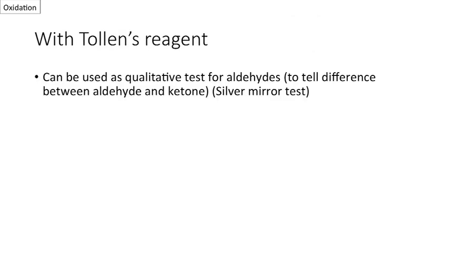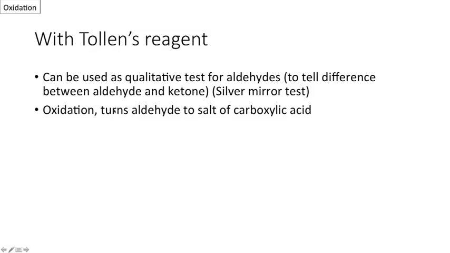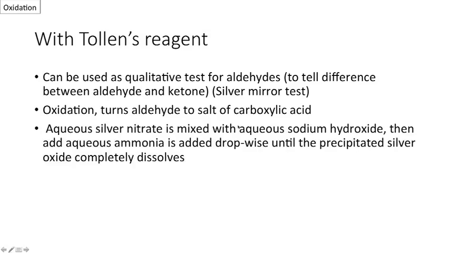With Tollens' reagent, this is another qualitative test for aldehydes, again to tell the difference, and it's also known as the silver mirror test. It's an oxidation reaction, and it turns the aldehydes to a salt of carboxylic acid again. This is done by aqueous silver nitrate being mixed with aqueous sodium hydroxide. Then you add aqueous ammonia dropwise until the precipitated silver oxide completely dissolves.